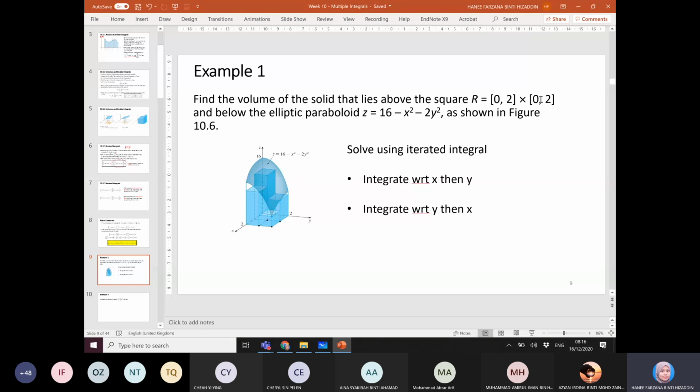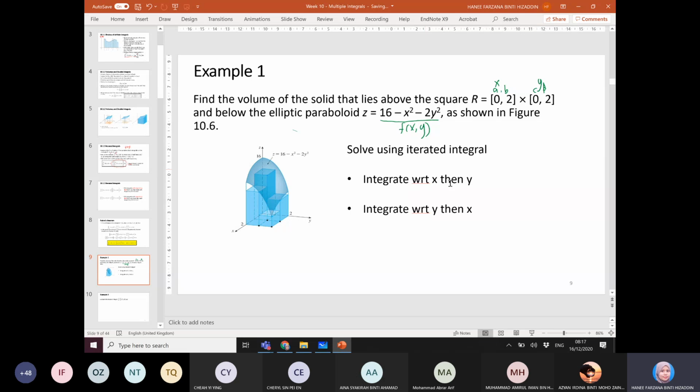So the limits for the x interval and y interval are the same. This is for x and this is for y. This one is a and b, and this one is c and d. And below the elliptic paraboloid, so this is your function f(x,y), as shown in this figure here.